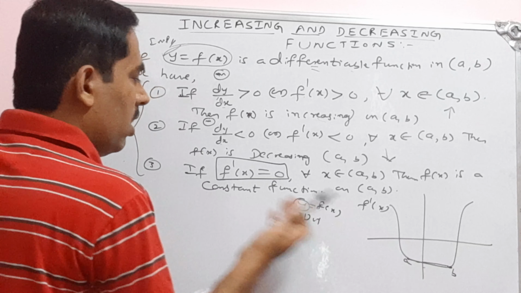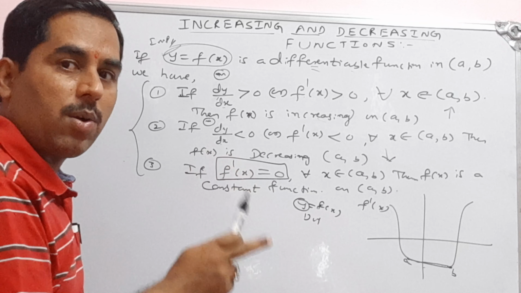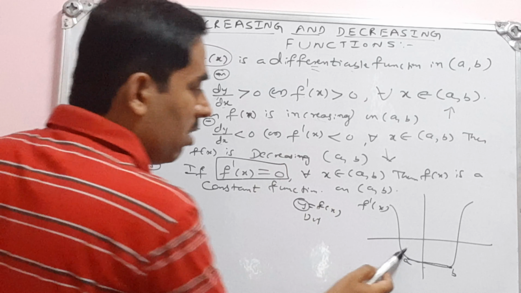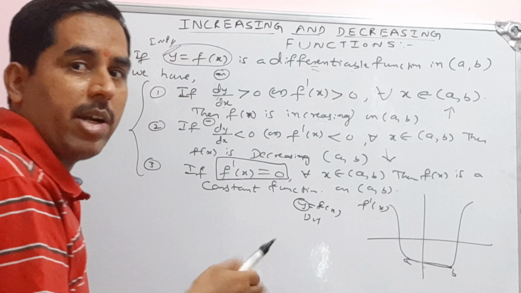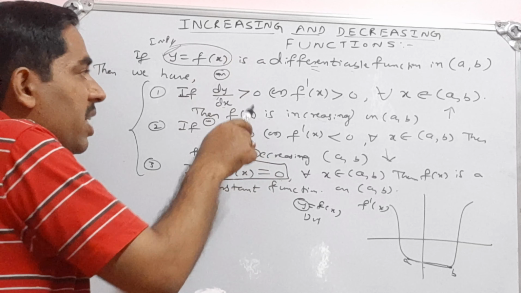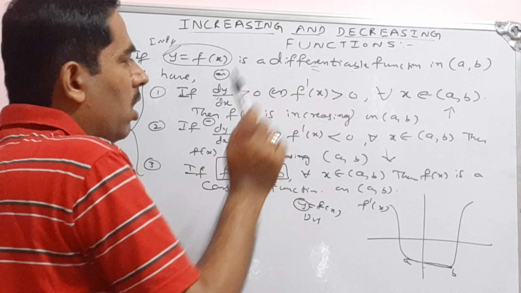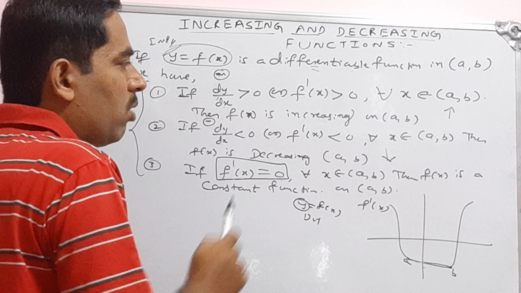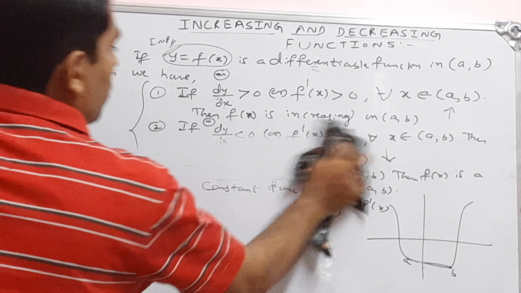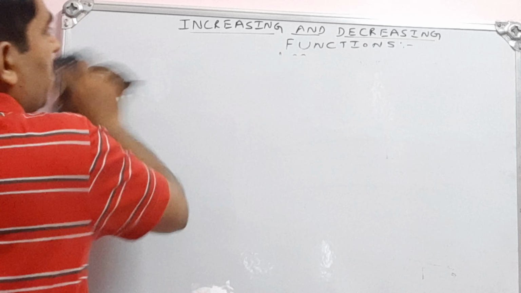At this point the derivative does not exist, it is not differentiable. When the derivative exists, the sign will be either positive or negative. If it is positive, it is increasing. If the sign is negative, then it is decreasing. In this way we can decide whether the given function is increasing or decreasing.